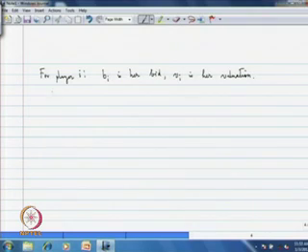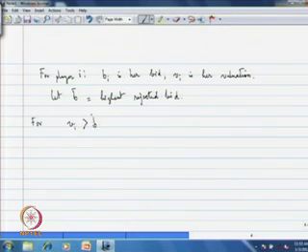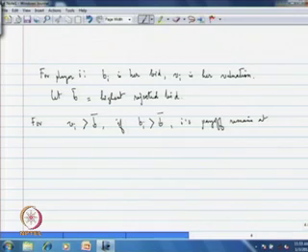Now, let B bar be the highest rejected bid. Let us say Vi is greater than B bar. If Bi is greater than B bar, i's payoff remains at Vi minus B bar. This is what he gets.